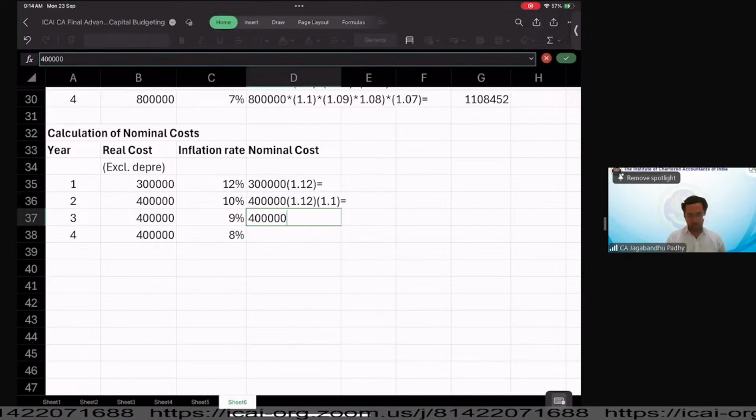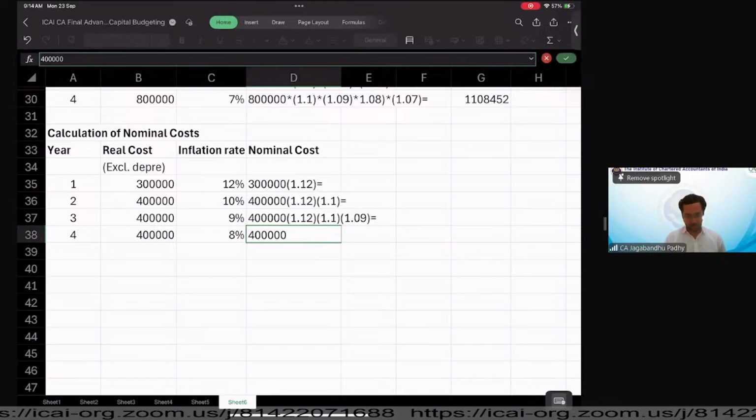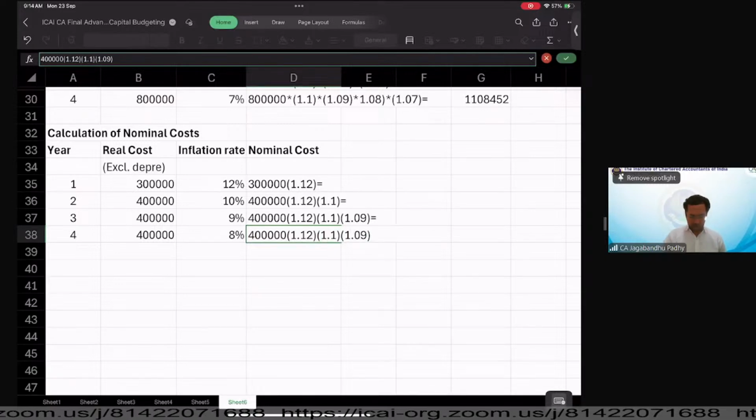Then next will be 4 lakh into 1.12 into 1.1 into 1.09. And then finally we have 4 lakh multiplied by 1.12, again multiplied by 1.1, again multiplied by 1.09, and the final year 1.08.